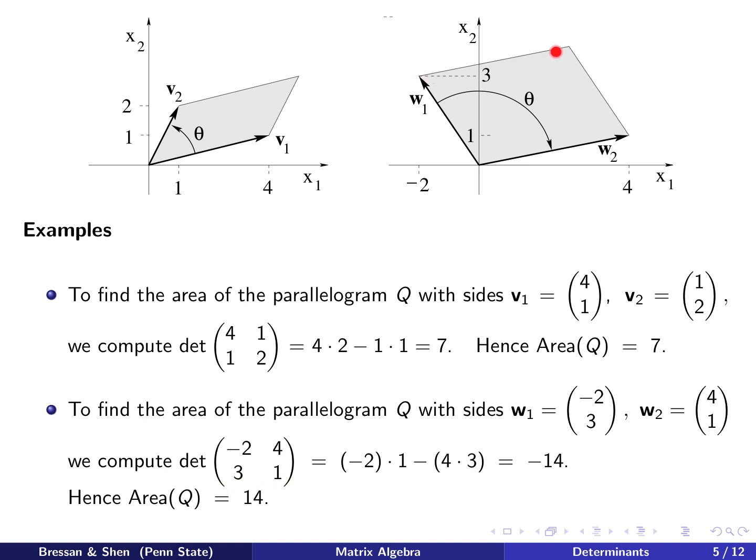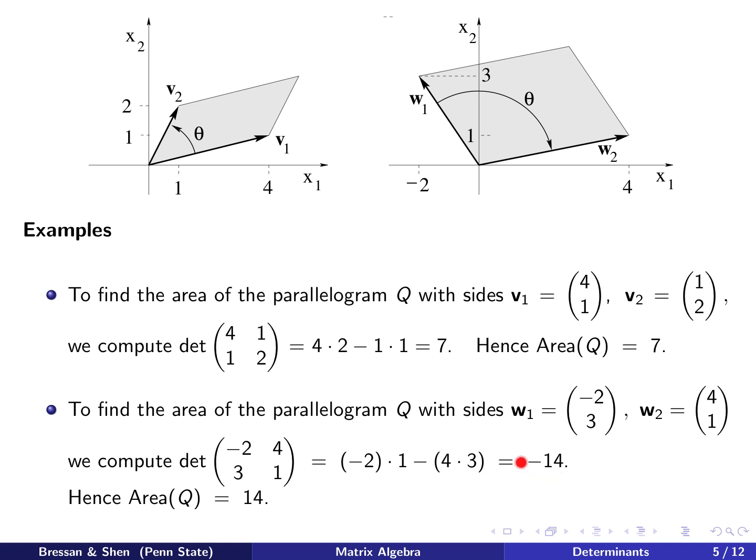So what is the area of the parallelogram formed by those two, this area here? Well, we can compute the determinant of this, with w1 and w2, so it's -2 times 1 minus 3 times 4, and you work it out, it's -14.